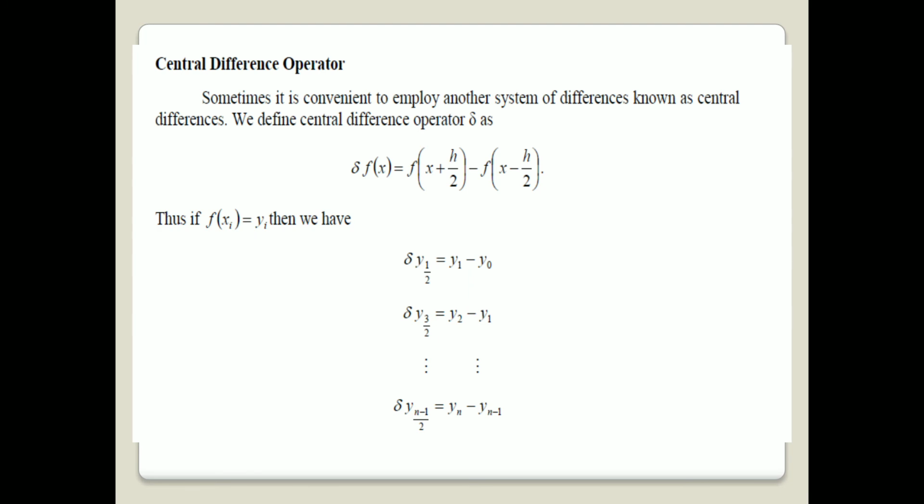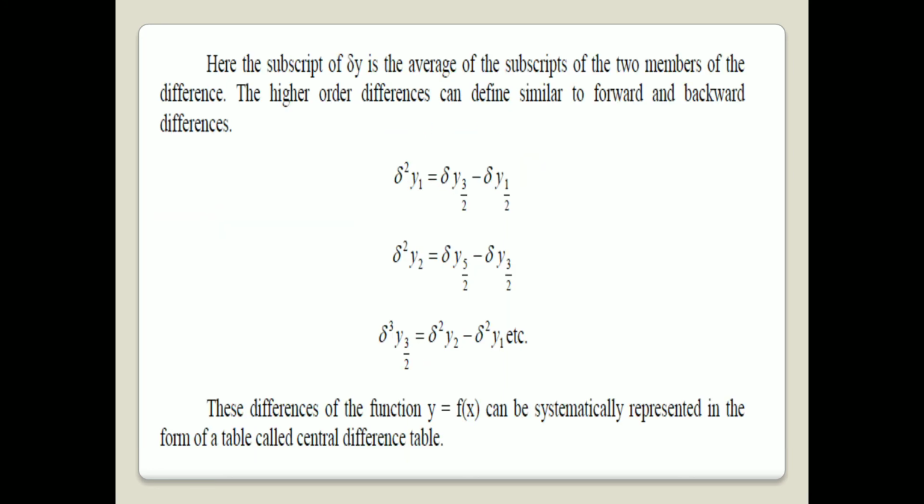Similarly, the central value of y2 and y1 is y 3 by 2. So in the second step, we write small delta y 3 by 2 is equal to y2 minus y1. In general, small delta y n minus 1 upon 2 is equal to yn minus y n minus 1. Here the subscript of delta y is the average of the subscripts of the two members of the difference.